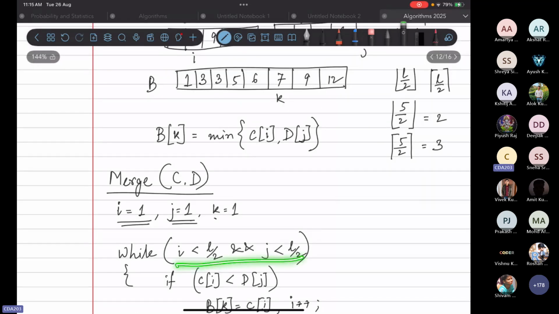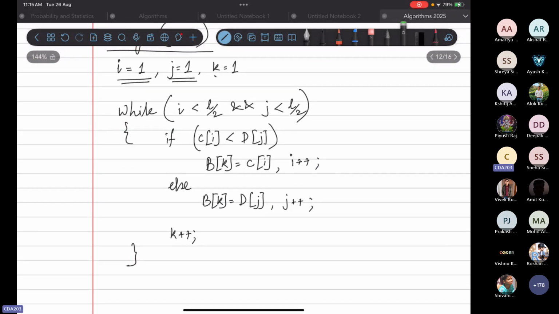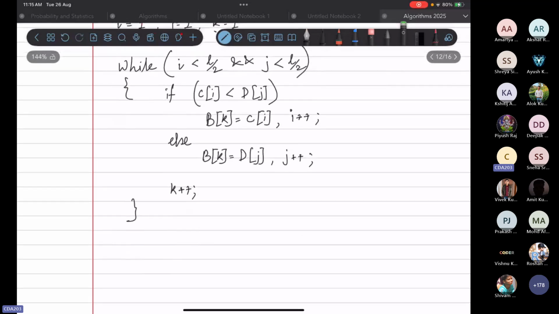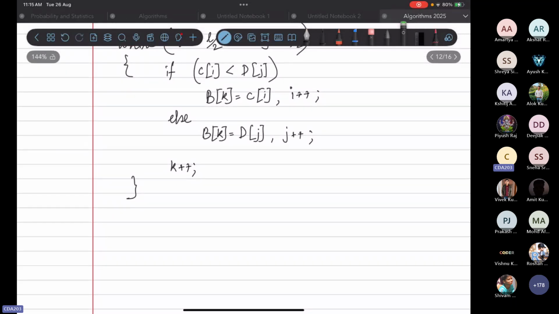So this loop is not going to be executed. In this loop, we are saying both I and j should be less than L by 2. Now, if j is beyond L by 2, that means I is less than L by 2. If j is here, then I must be less than L by 2. So I'll write that case here.